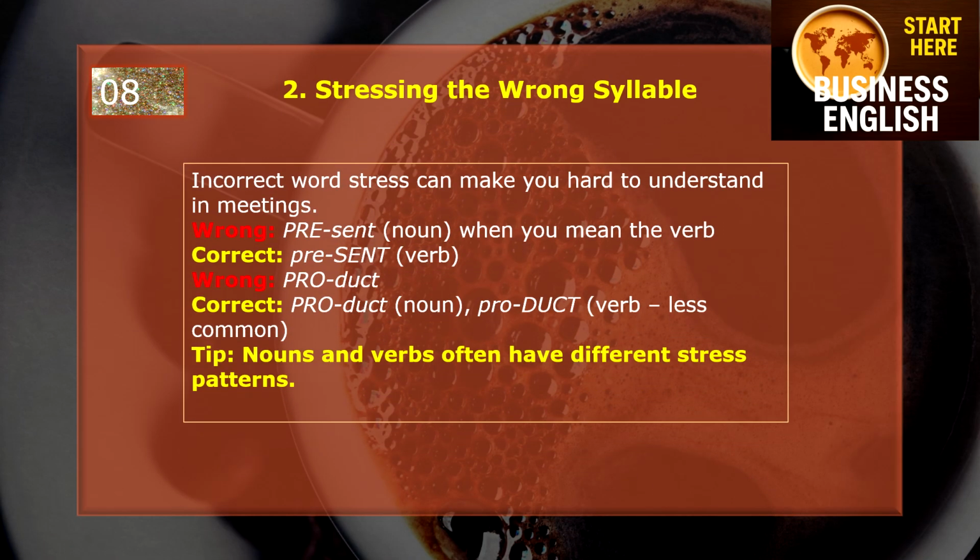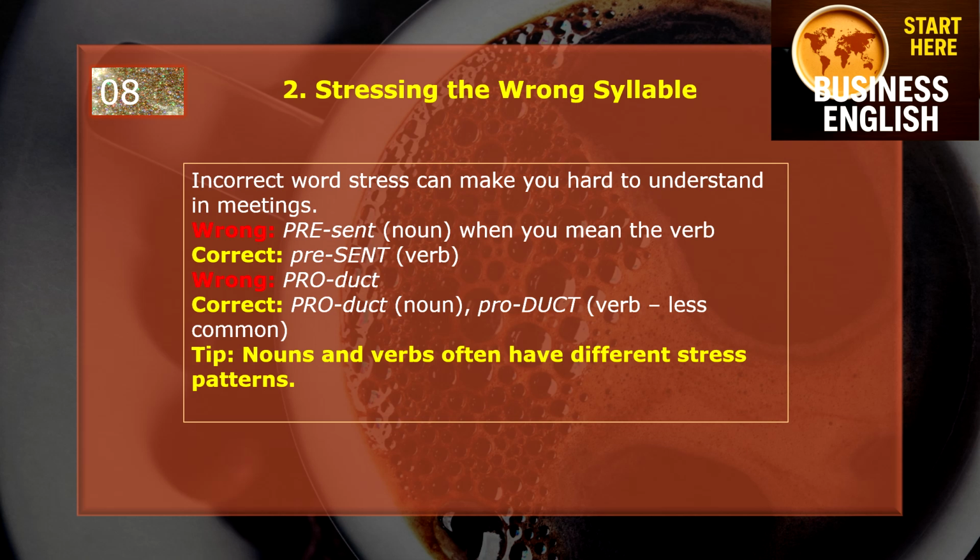And here we go with the second mistake that most people make, stressing the wrong syllable. Incorrect word stress can make you hard to understand in meetings. Present when you mean the verb, but you stress the first syllable, which is incorrect because when it's a verb, you should stress the second syllable.